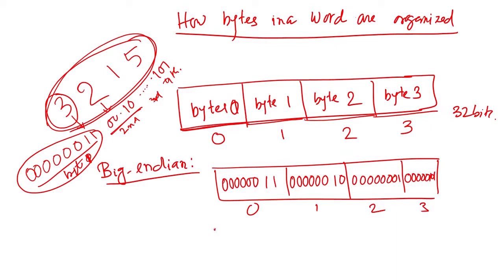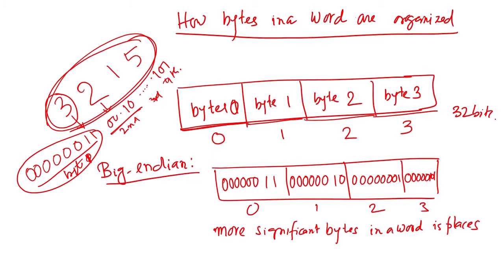That means, in this representation what we are doing is, the more significant bytes in a word are placed in the lower byte location.